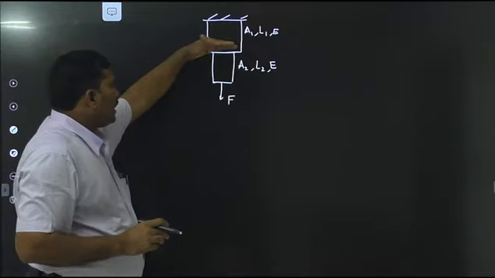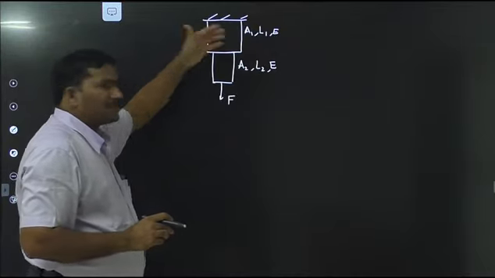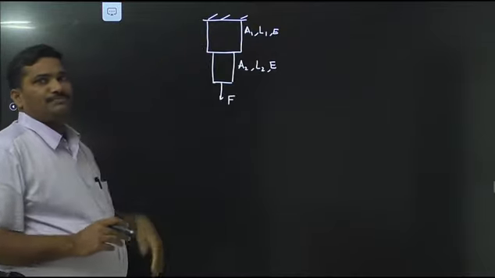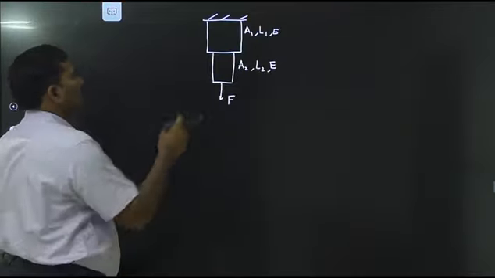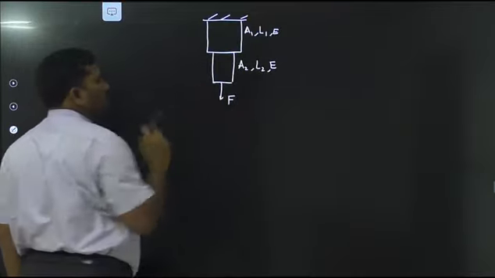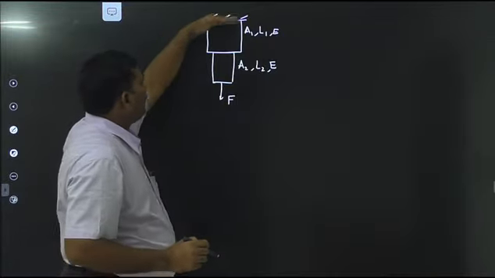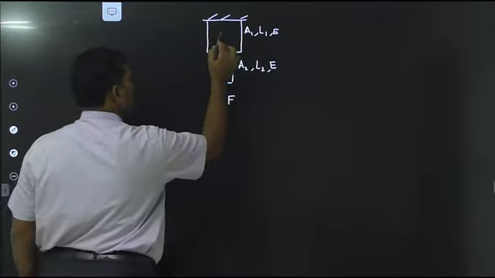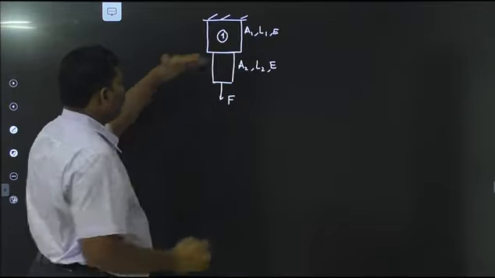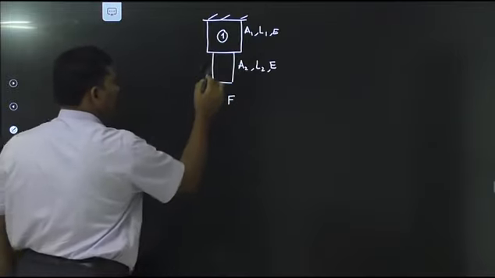But at this section, the cross-section area is abruptly decreased. Therefore, we can model this entire solid with two finite elements. From here to here, I take the first element, and from here to here, the second.